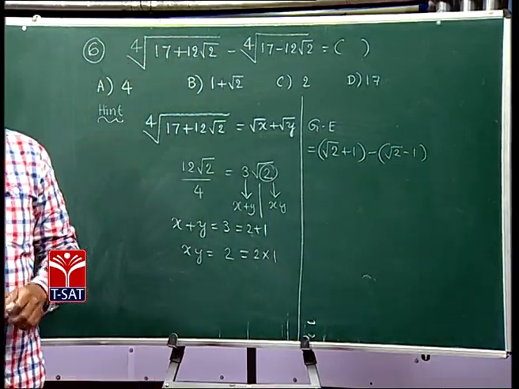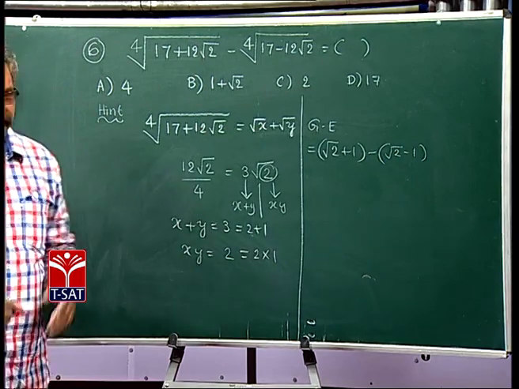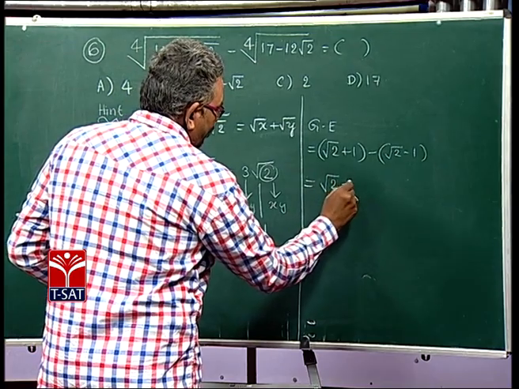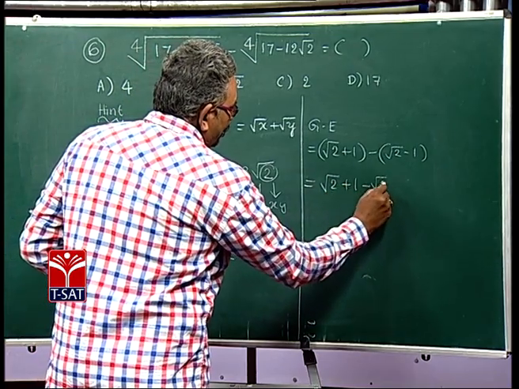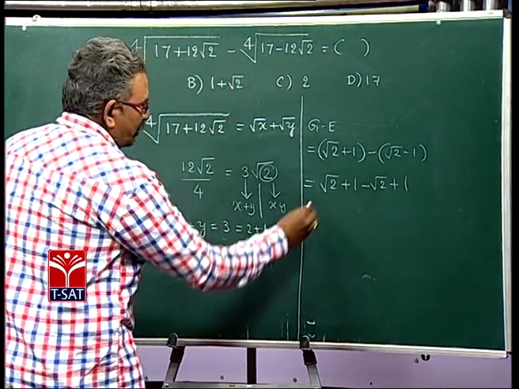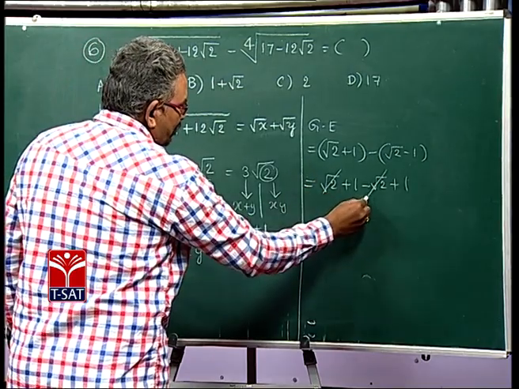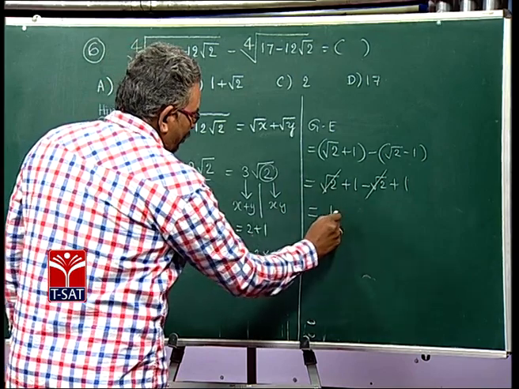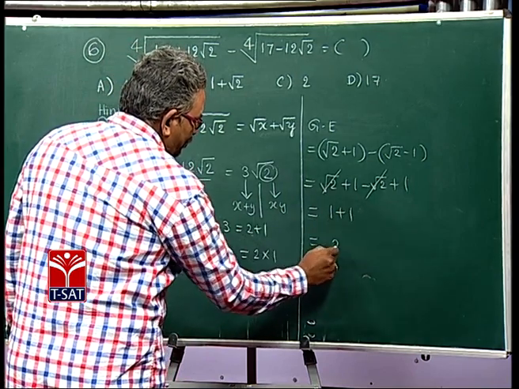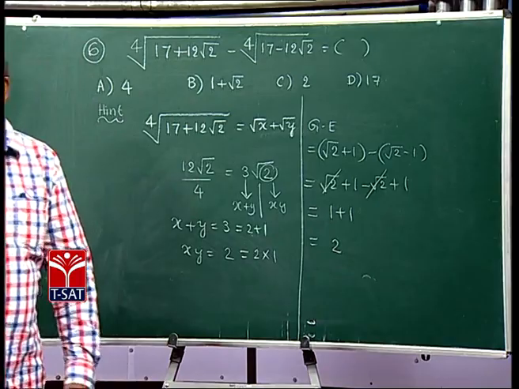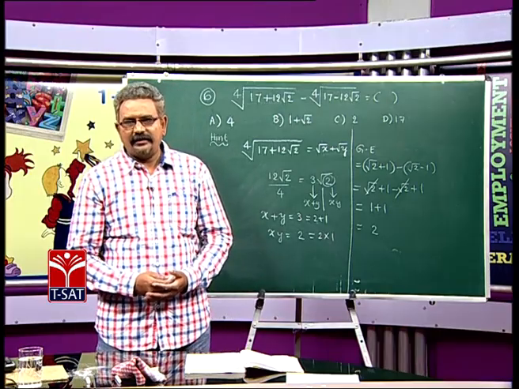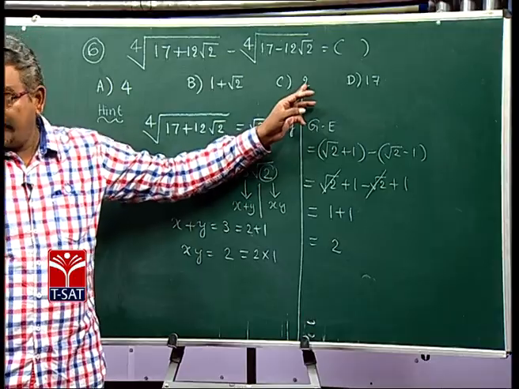Just open the brackets. So root 2 plus 1 minus root 2 plus 1. Now plus root 2 minus root 2 gets cancelled. What is the remaining? 1 plus 1, so 2. So now which is the right option? Yes, 2 will be the right option.